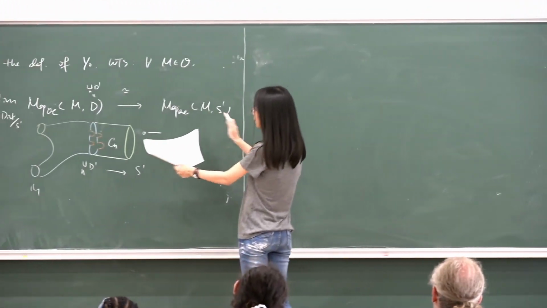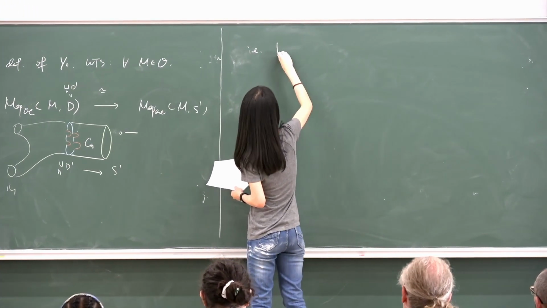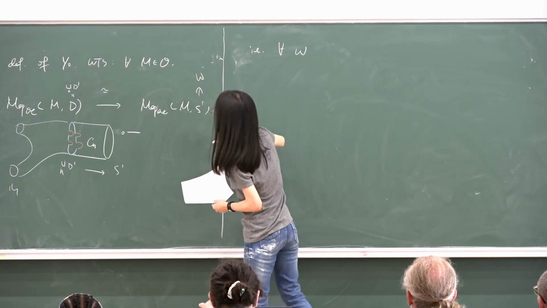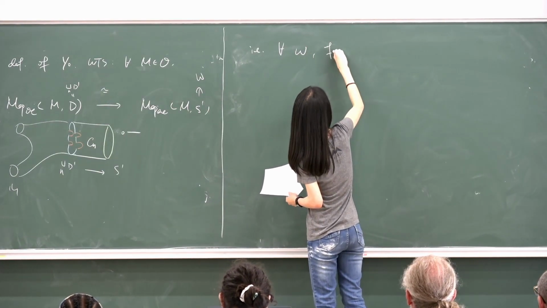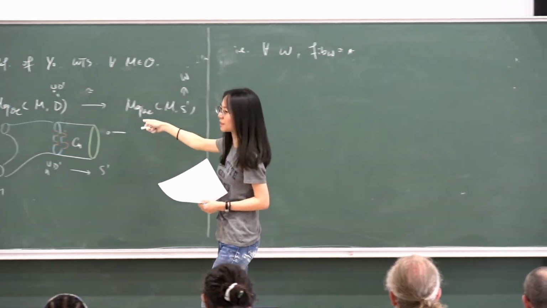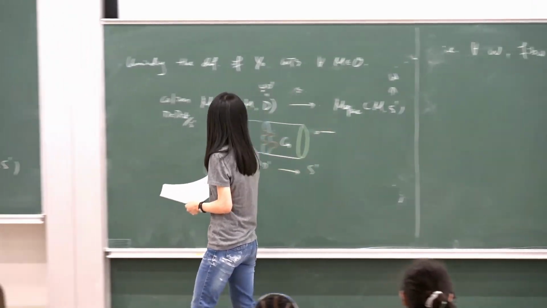Okay, and what does it mean for this to be an equivalence? In other words, we want to show that for each W, a point in here, the fiber XW should be constructible. If we can prove this, then we can show that this is an equivalence. But what is the fiber? This maybe looks a little bit terrifying.